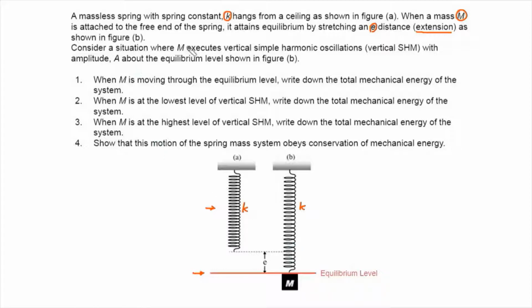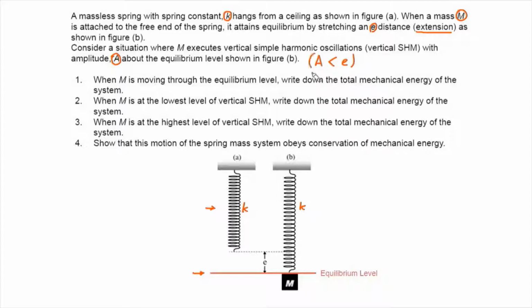Consider a situation where M executes vertical simple harmonic oscillations, or vertical SHM, with amplitude A. So amplitude is defined as the maximum displacement made by the object that is doing simple harmonic motion above the equilibrium level. So in this case, let's consider that the amplitude is less than the extension.